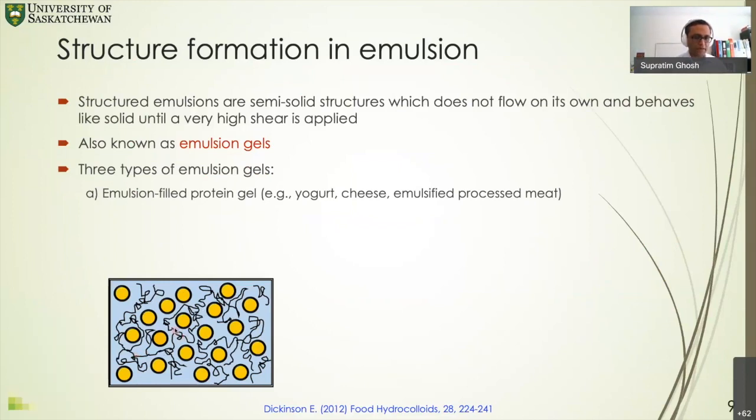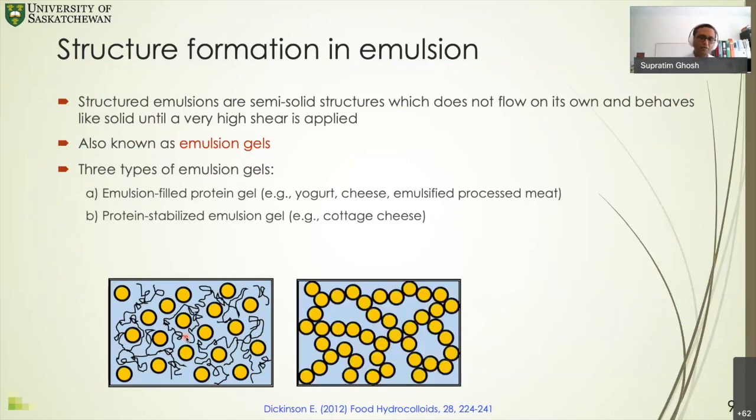The oil droplets in between the protein gel either help or do not help in gelation. Sometimes the oil droplets take part actively in the gelation, so we call them active fillers, or they can be inactive fillers. Emulsified processed meat could be a great example of this kind of emulsion-filled protein gel. Yogurt is another example.